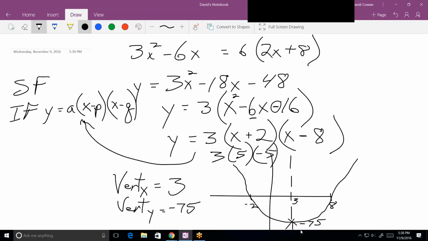Yeah. Okay. So you can kind of see where each of these formats has its strengths and its weaknesses. But the main thing to know is that there are 3 formats. There's standard format, there's vertex format, and there's intercept format. And you actually need to be able to go to the other 2 given one.